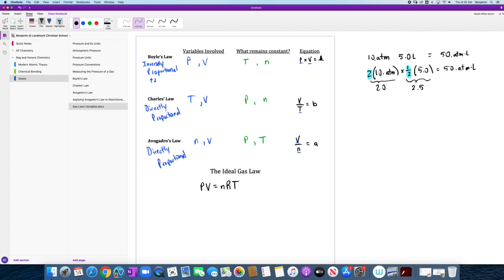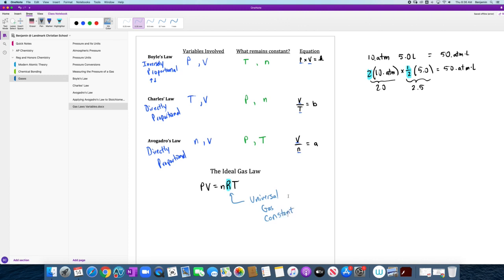I need to talk about what R is, though. So this R value we have not seen before yet. So R is something called the universal gas constant. That letter represents something really important called the universal gas constant. And I suppose you could think of it as combining these gas constants all together.